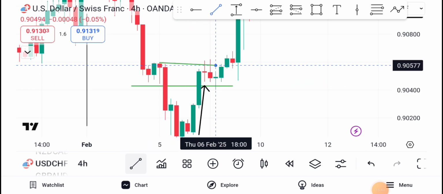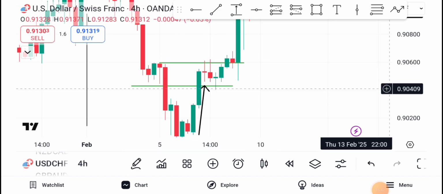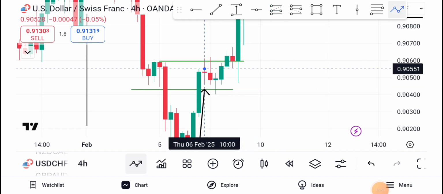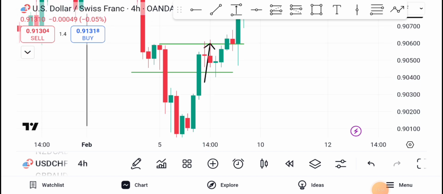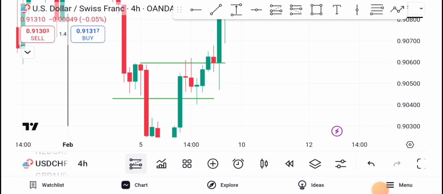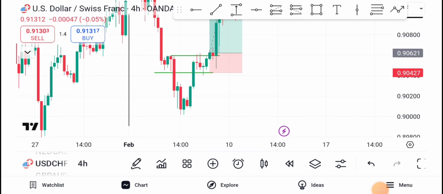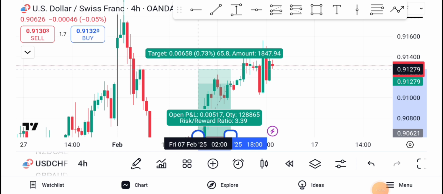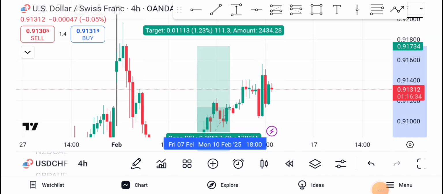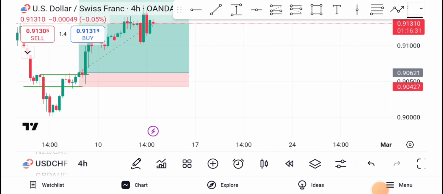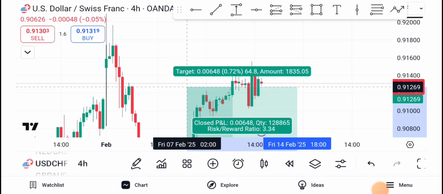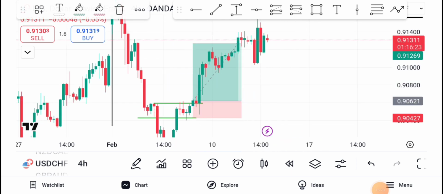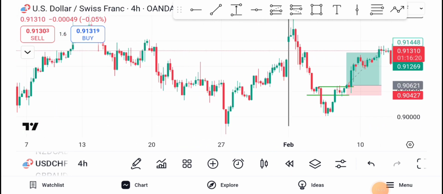So I would have put this box here, and when we came above it, because the market can decide to tap here and then sell, the best option would be waiting for us to break this box here, and then I'll buy to this level, or even to this level, depending on the RR that I want. But what I want is 3.3, so more than enough. You see how easy it is.